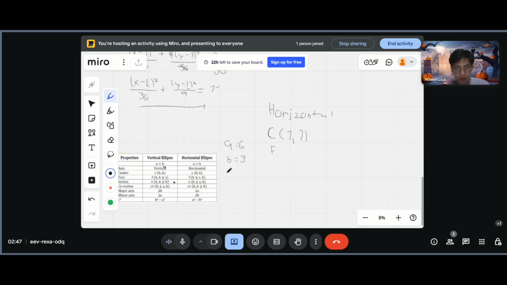And to get the C, we just simply subtract the 36 and 9, so 27, and the square root of 27 is 3√3.